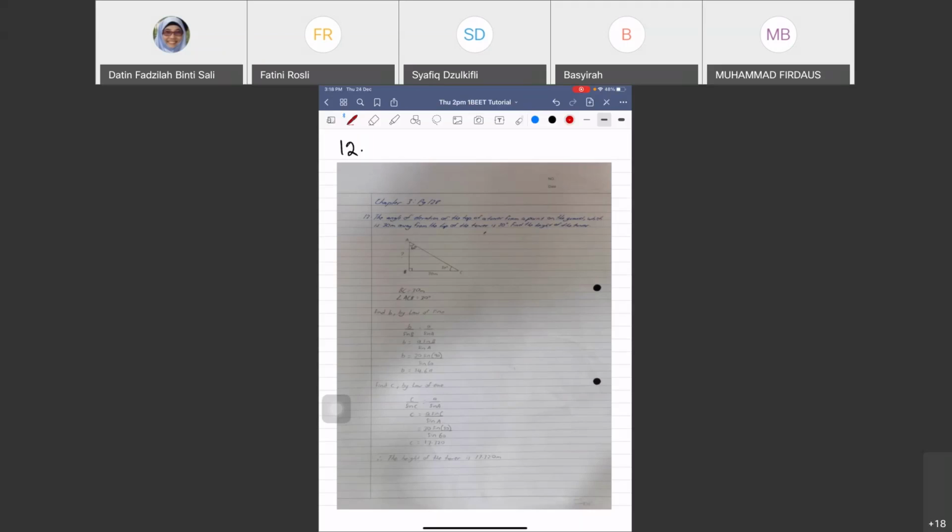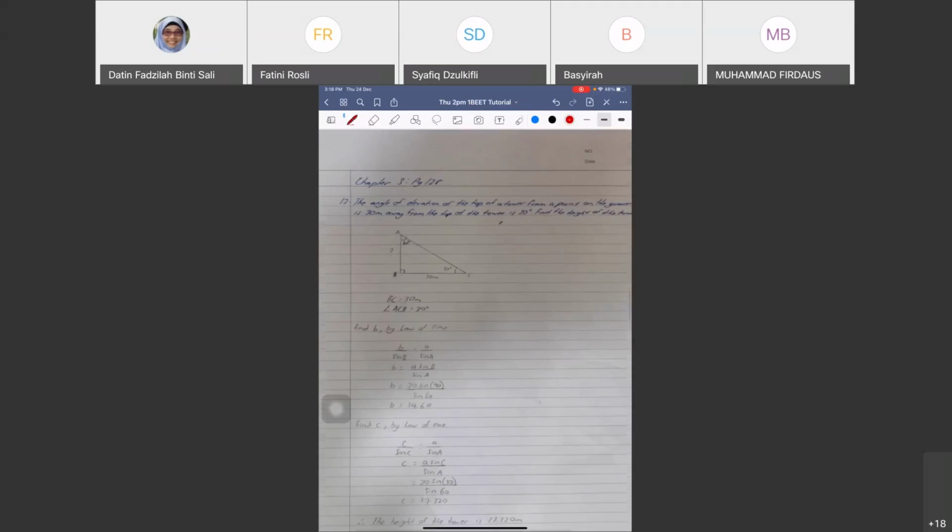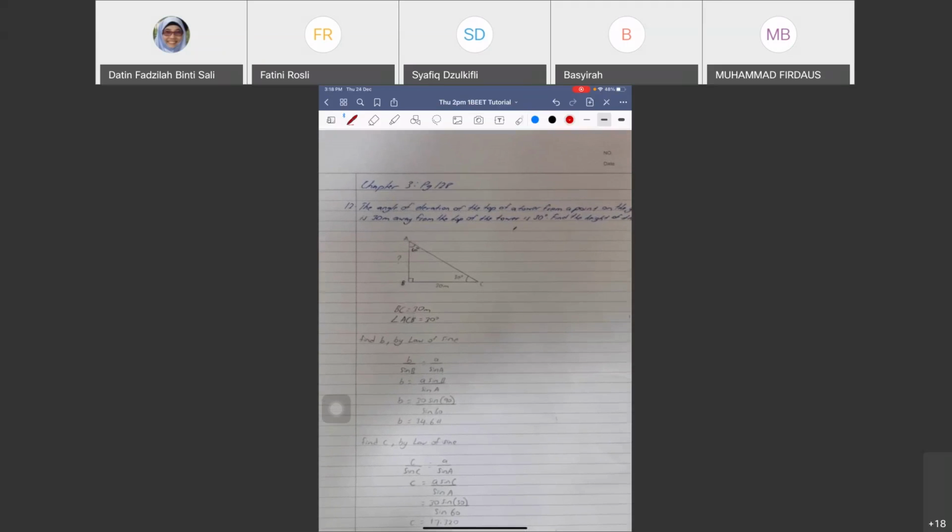So basically, if we look at the diagram here for question 12, this is the tower. Then you have some point here, and this is the ground.